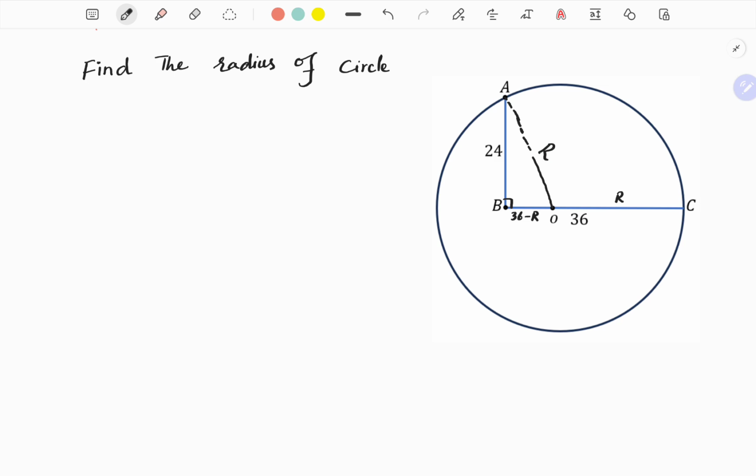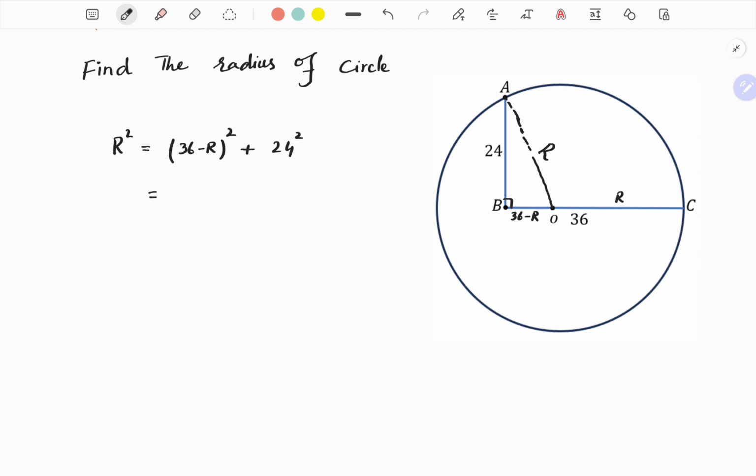So we can use the Pythagoras theorem: hypotenuse square, which is R square, is equal to base square, that is 36 minus R whole square, plus 24 square.